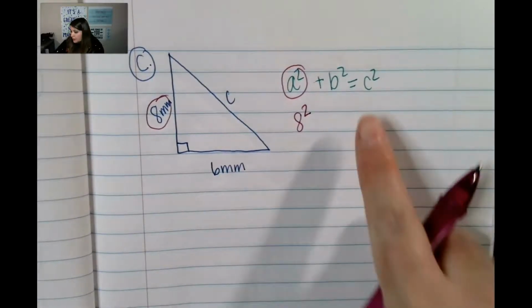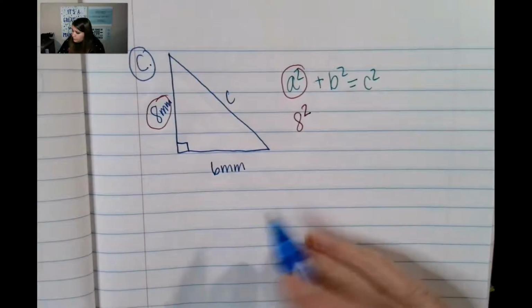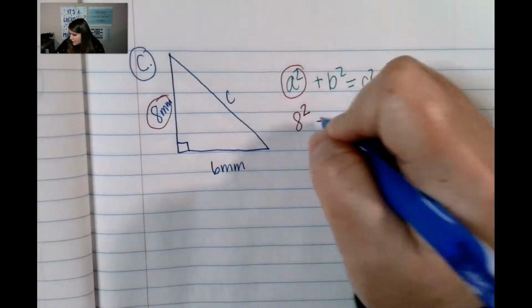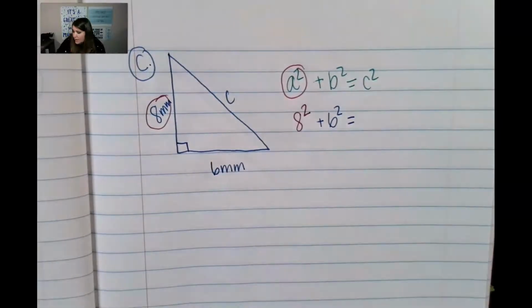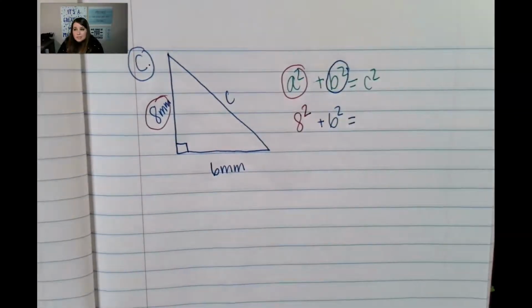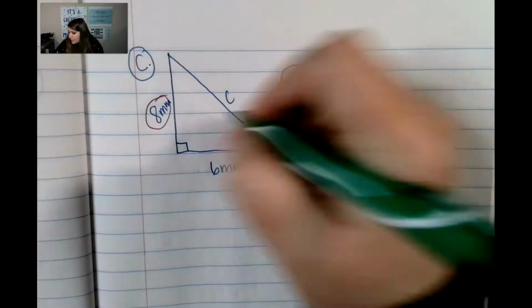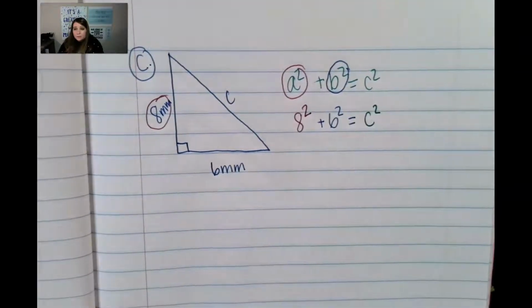Now I'm looking for leg B on the bottom. So I have 6 squared for 6 millimeters. And I should circle that for you so you can see it. That's where I substituted it in. And then C, we don't know C, so we're just going to write C squared.